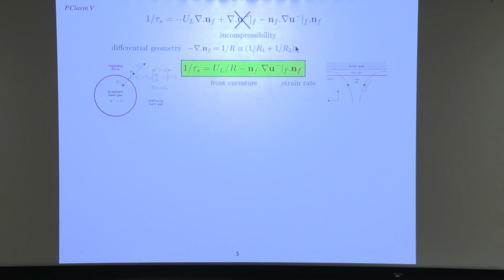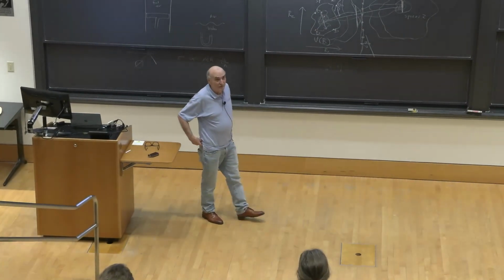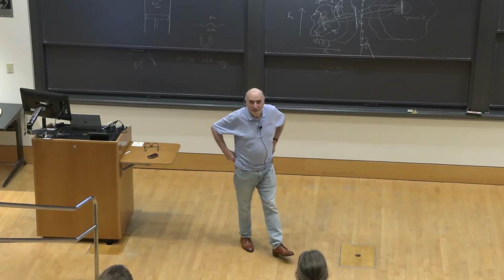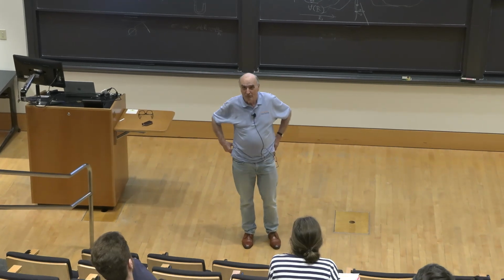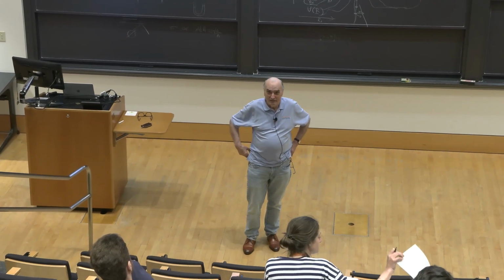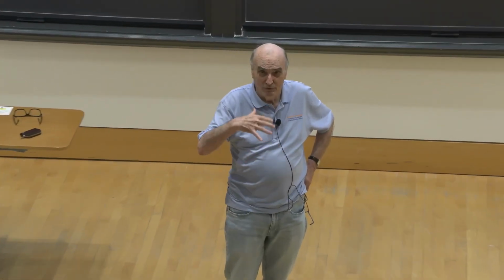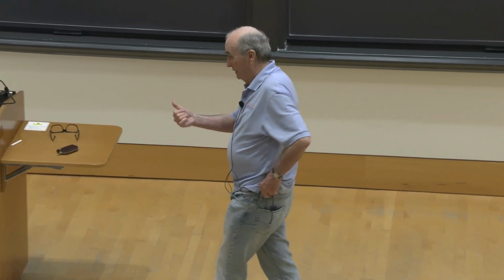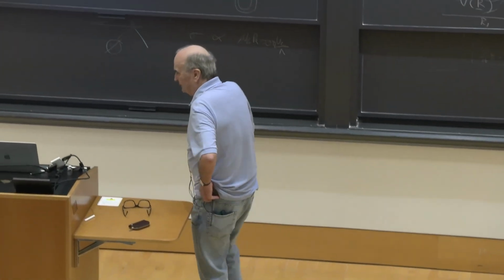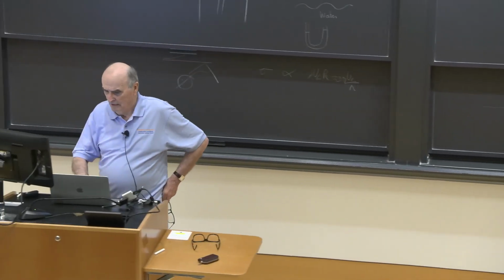You have two curvature radii in two directions. This is a masterpiece of Gauss, this famous German mathematician. He was working on geometry, and he showed this result in the 19th century.